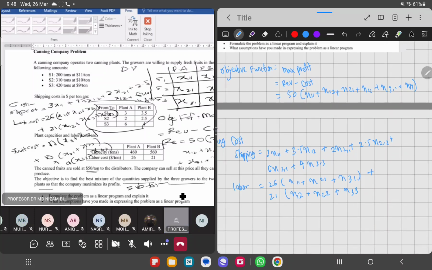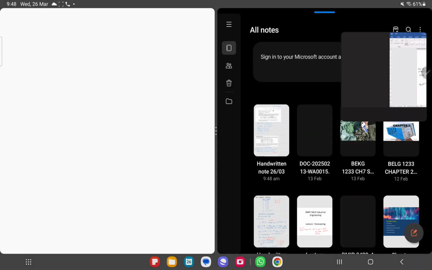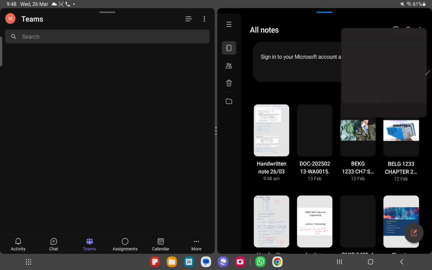What are the constraints? Supply. Which supply? S1, S2, S3, right?